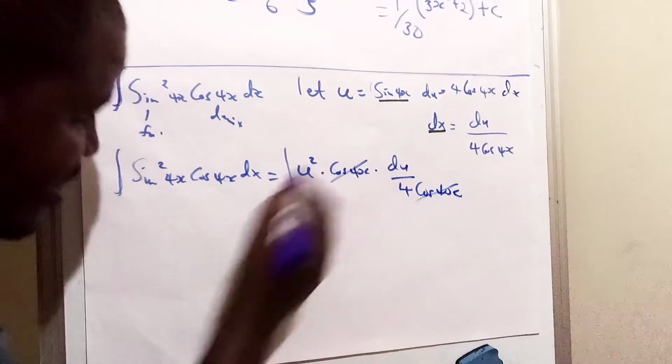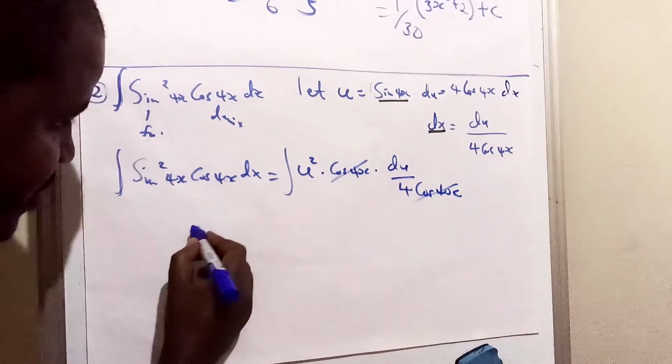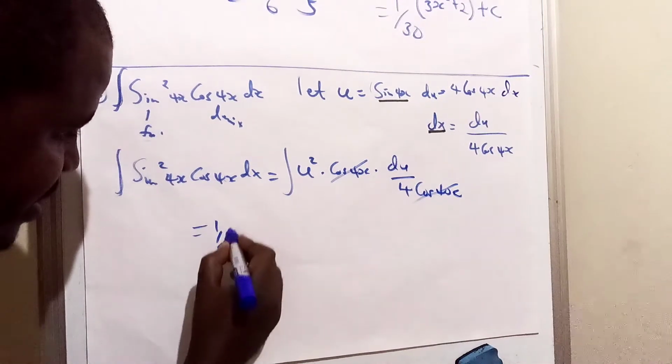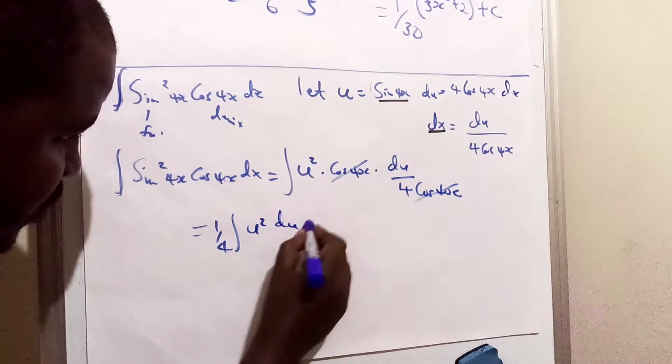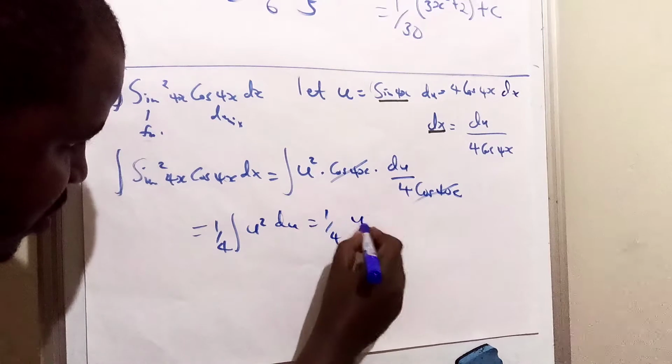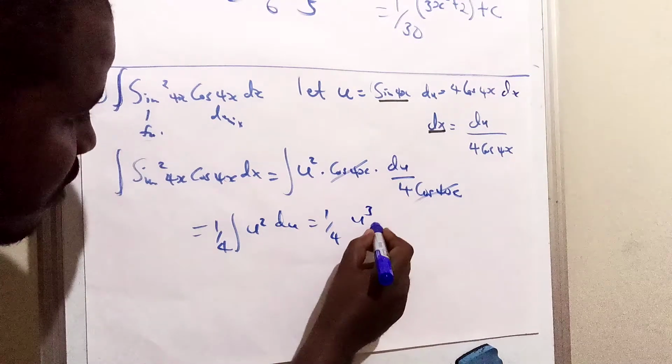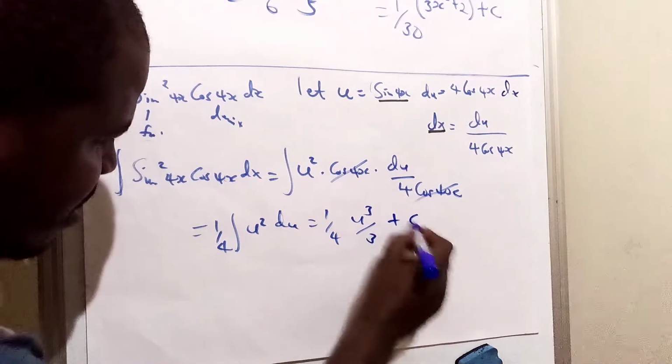So the cosine of 4x cancels. For us, we have a quarter integral of u squared du. It's a quarter u cubed over 3 plus a constant.